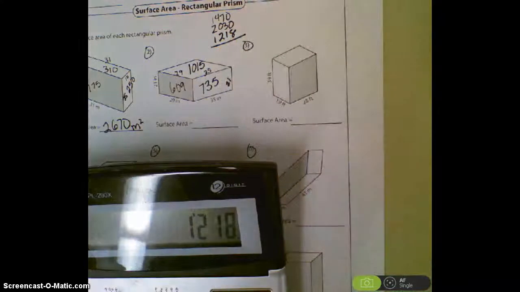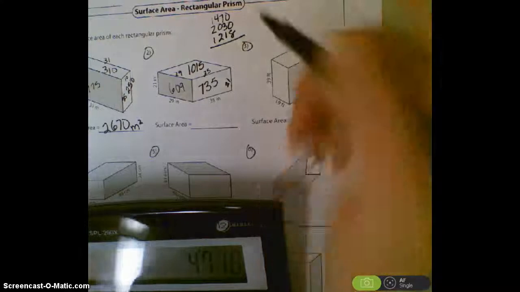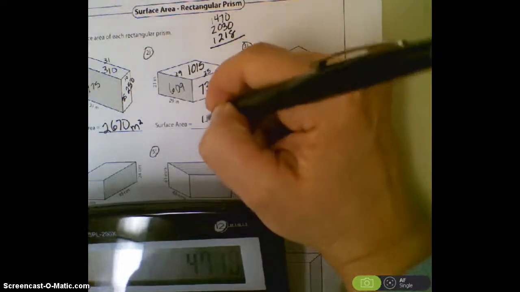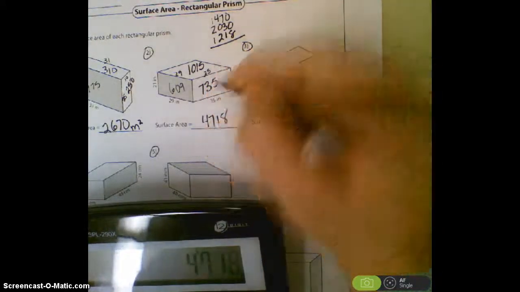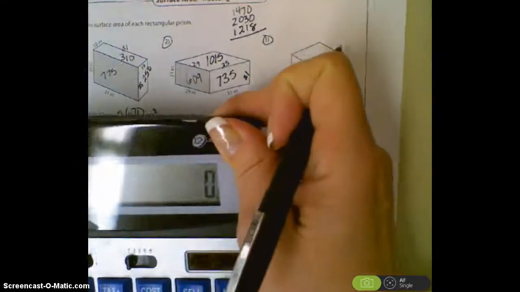Then I just need to add them up, and I've got my calculator right here. I might just keep going. Plus 2,030 plus 1,470 equals a total of 4,718.